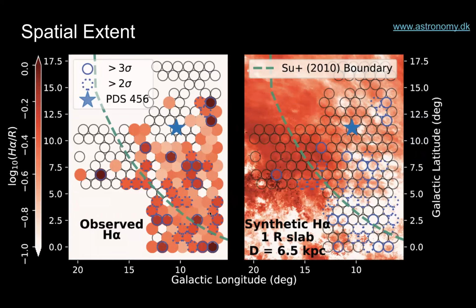Do any of these pointings overlap with the H1 clouds in the Fermi bubble? Are the velocities that you measure consistent with what you see for the H1 clouds? The velocities in general seem to be somewhat consistent, but for this sight line in particular, PDS 456, there were deep GBT H1 observations made, and they were only able to get an upper limit.